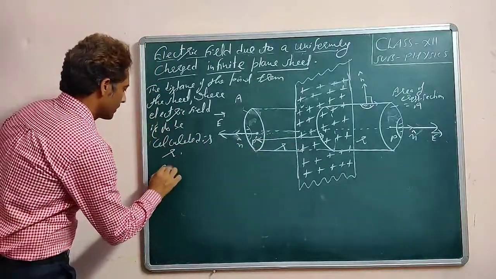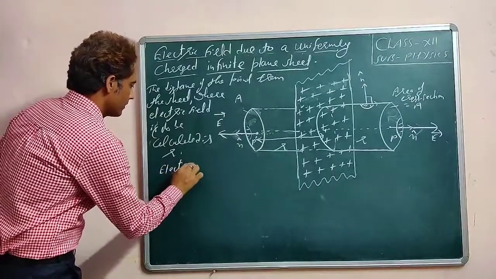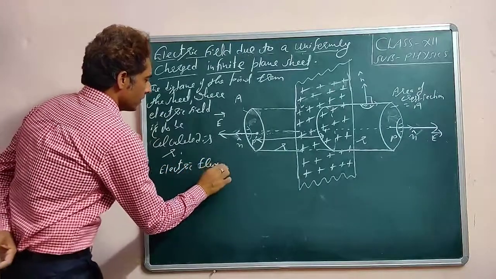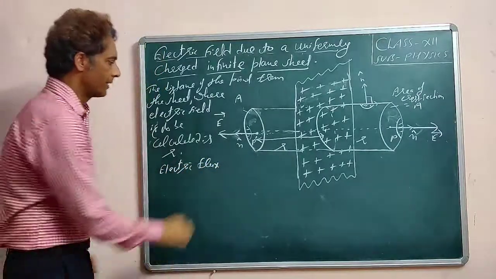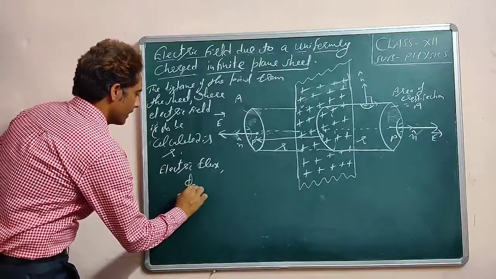So electric flux through the Gaussian surface, phi E.